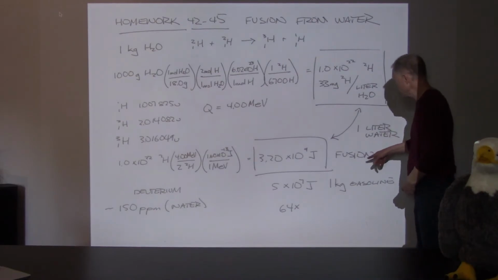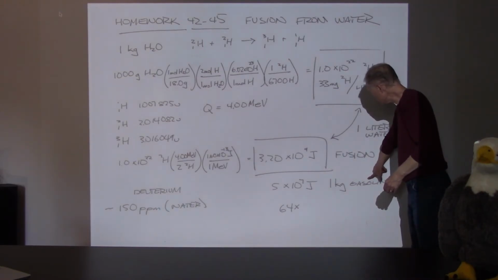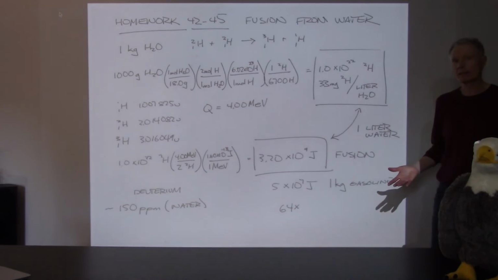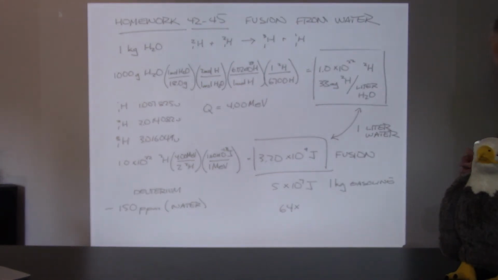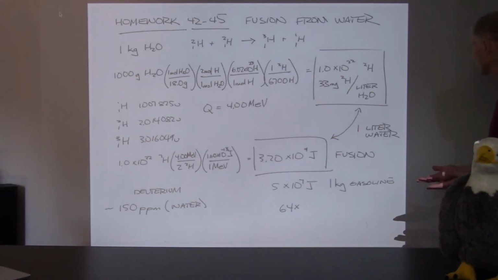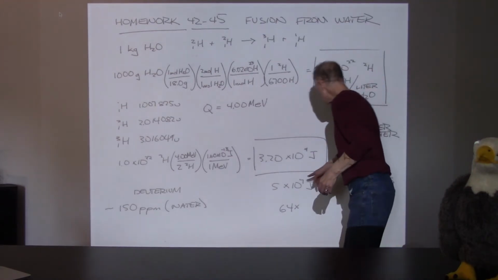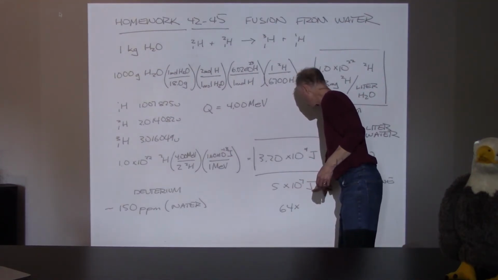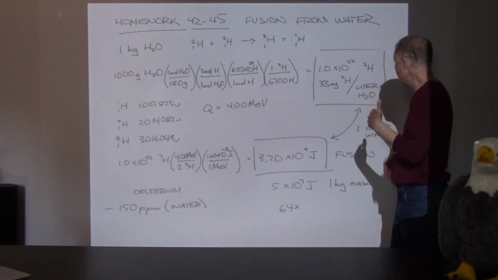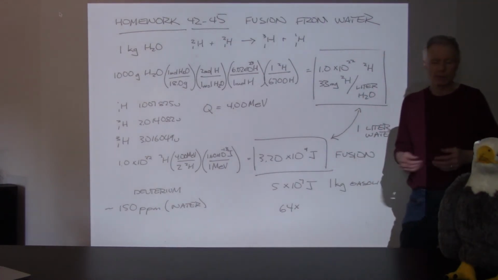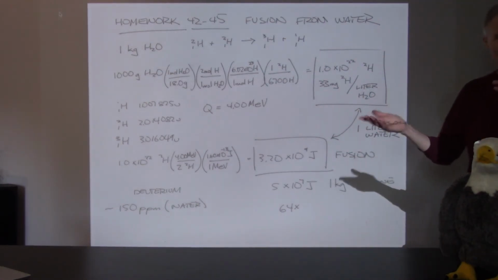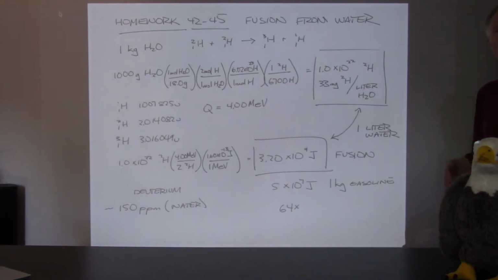So it's saying here that compared with, well, in the problem, as a comparison, they said, now compare this with gasoline. If I take a kilogram of gasoline, that gasoline has 50 million joules of energy. If I react gasoline and oxygen, I'm going to get a bunch of water and CO2.